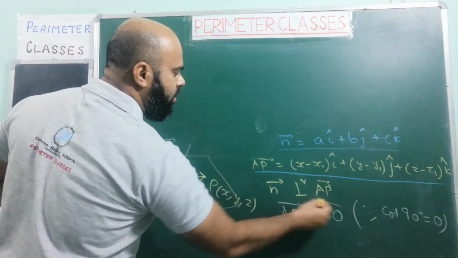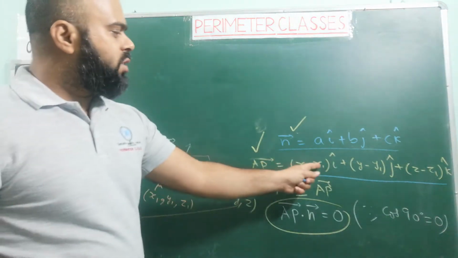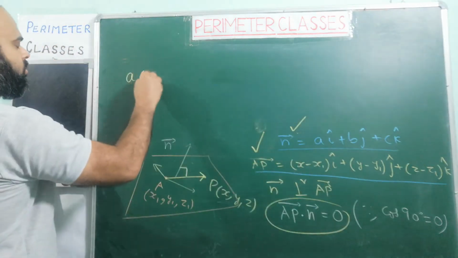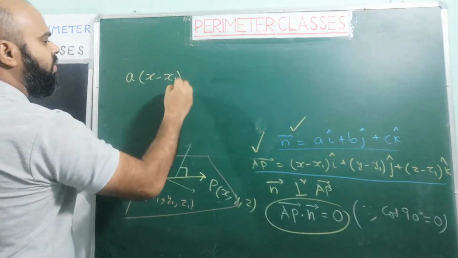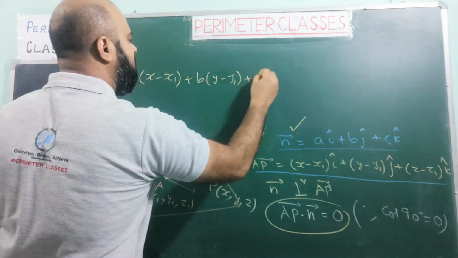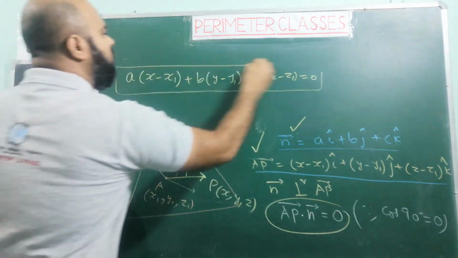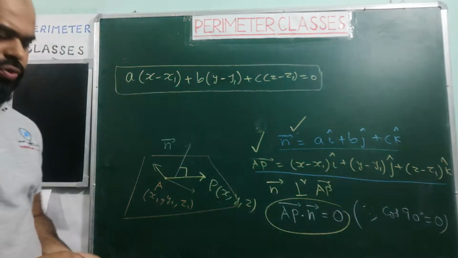Its direction ratios are also given. So AP dot n, just take the dot product of these two vectors. So A into (x minus x1), as i dot i is 1, plus B into (y minus y1) plus C into (z minus z1) equal to 0. This is the equation of the plane under such a situation.